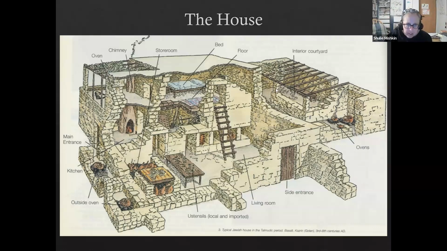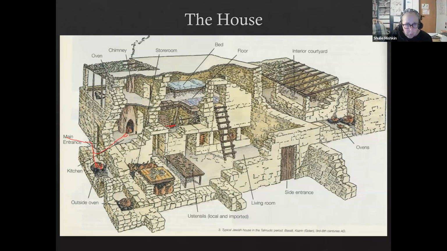So what do you actually have in the house? Let's start from the entrance, right? And go in. We have a little indoor kitchen. Okay, actually, this is the outdoor kitchen. I take that back. Okay, we have a little indoor kitchen, mostly for inclement weather. We have a storeroom where you keep your stuff.